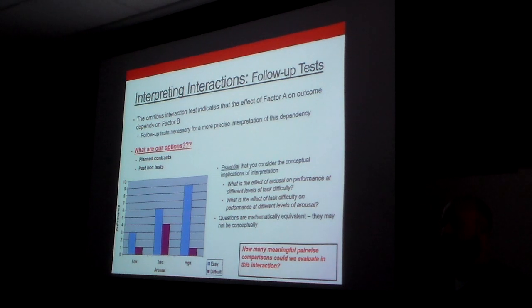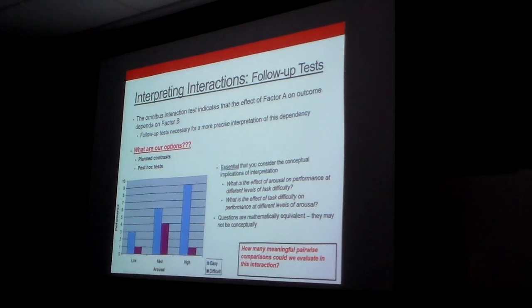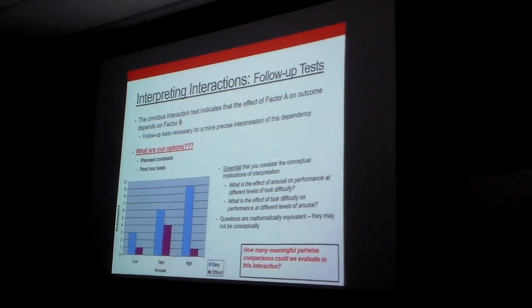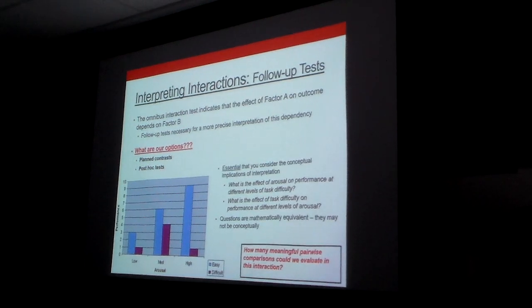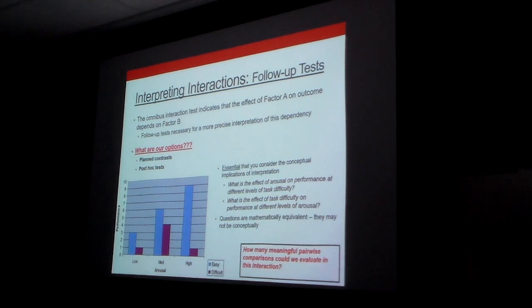Anyone remember the shortcut in calculating this? So we've got 6 means. We take the number of means times the number of means minus 1, over 2.